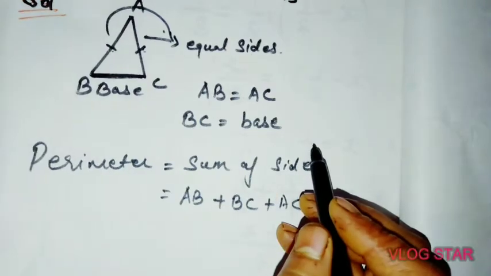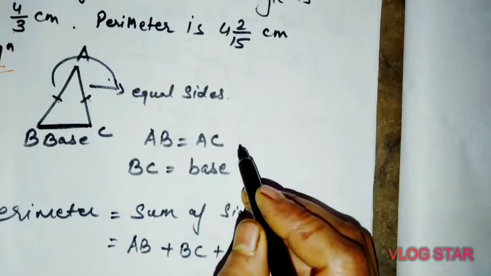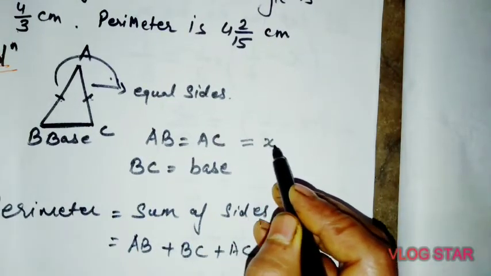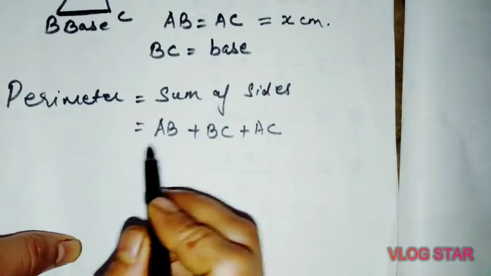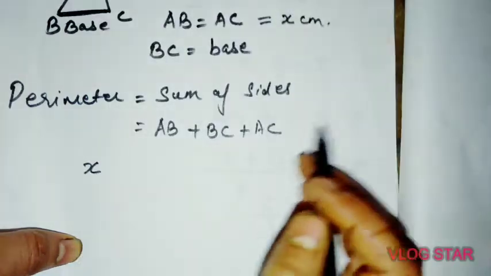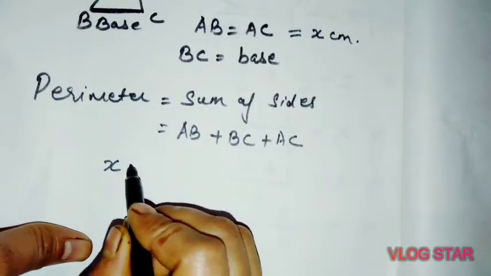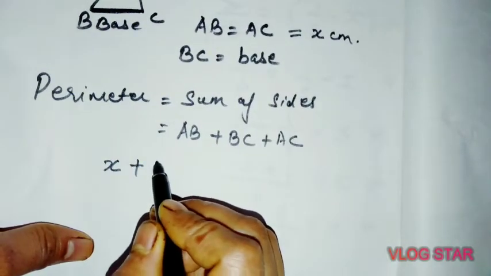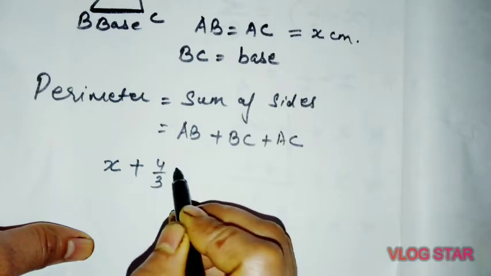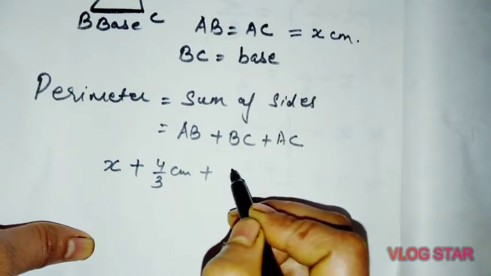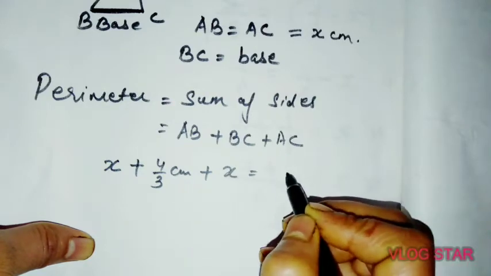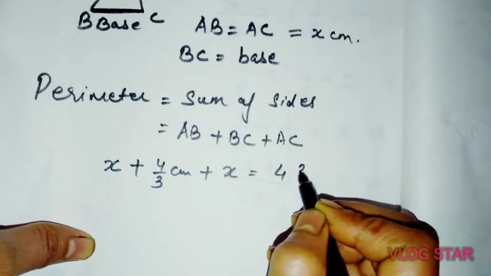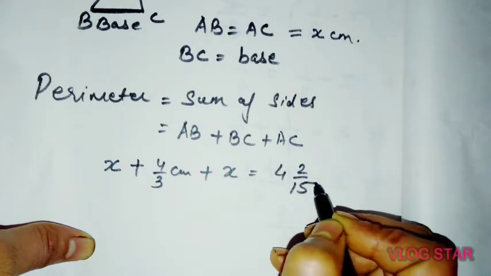If we suppose that AB is equal to AC is equal to x centimeter, then AB x centimeter plus BC 4 upon 3 centimeter plus AC again x centimeter is equal to the given 4 and 2 upon 15.